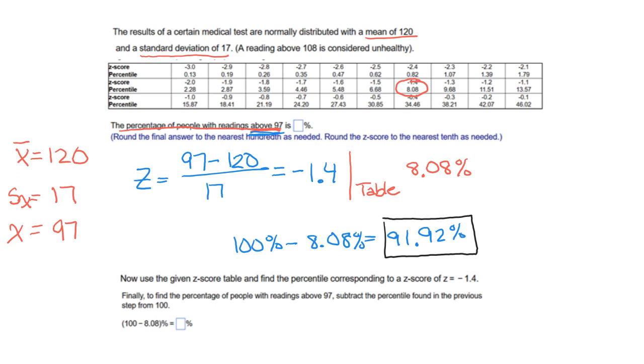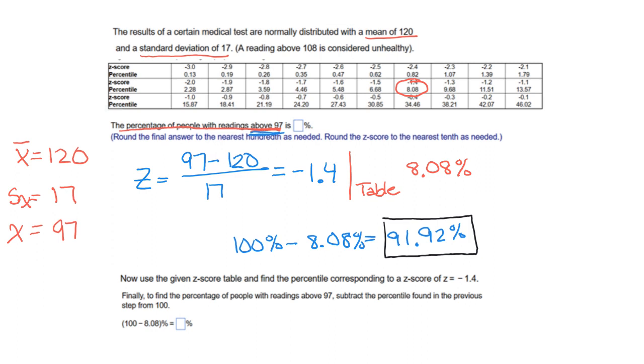All right, let's look at this one more time. Identify what's been provided. Read carefully to find out what you're looking for. Whenever it asks for the percentile above a data value, that means you need to subtract your answer from 100%.